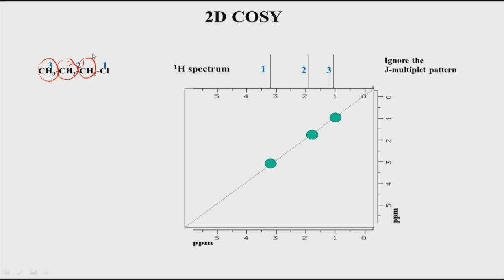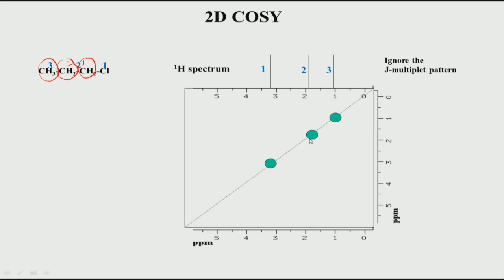Therefore, a Fourier transform gives you a diagonal peak, which has the same chemical shift on both axes. You can look at this picture, both this axis as well as this axis have the same value. So, we call it a diagonal.